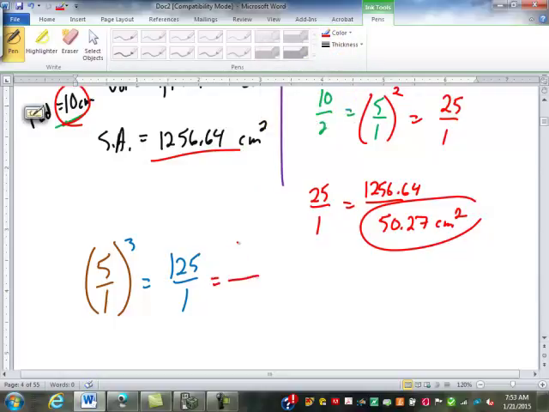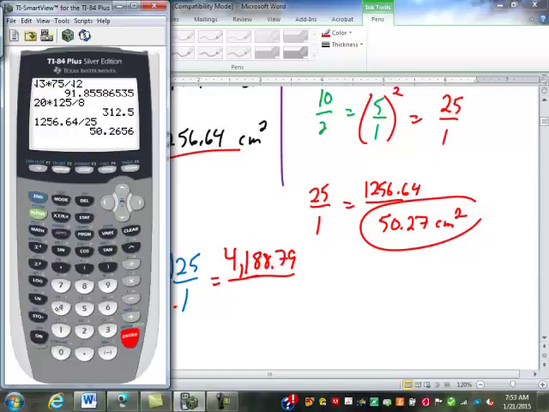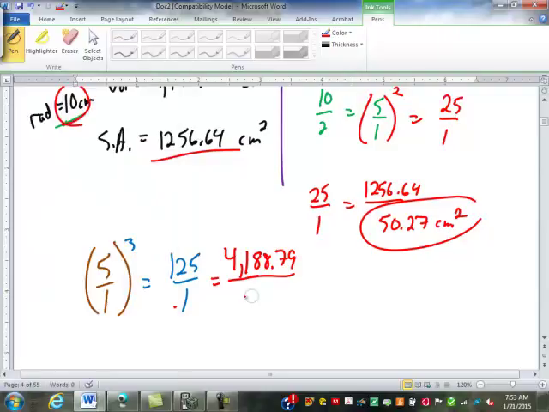So the volume of the 4,188.79 centimeters cubed goes on top. So it's 1 times the 4,188.79 divided by 125, 33.51 centimeters cubed.